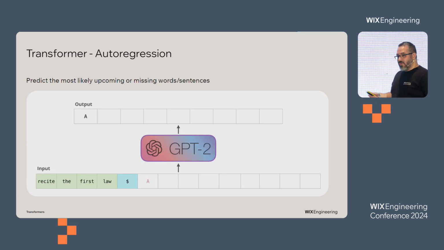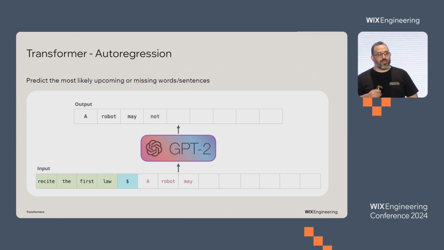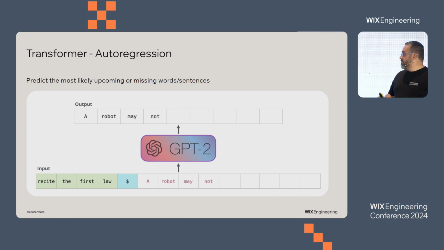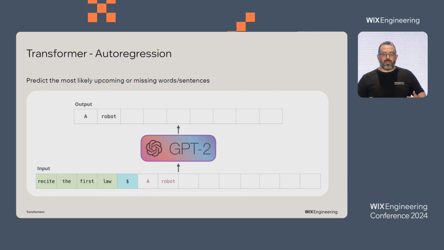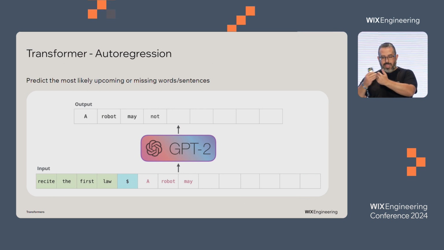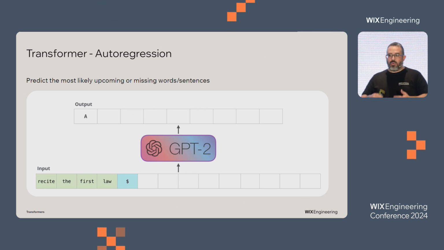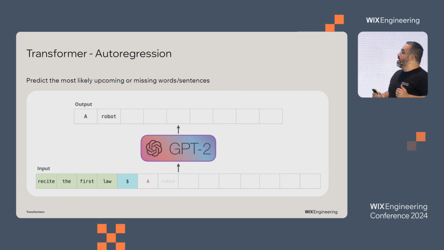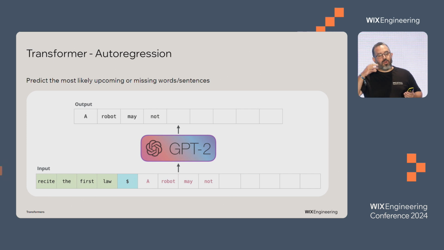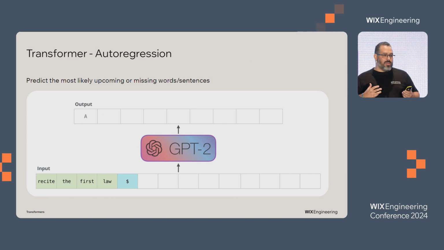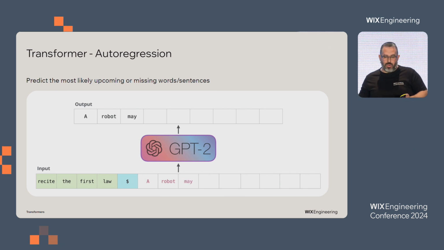An application that we're more familiar with is known as autoregression. Autoregression is the process of predicting consecutive words in a sequence. So we provide the model with an input sentence, and then we let the model predict consecutive words. This process is known as autoregression, in that it is learning or trying to choose the most likely upcoming word given an input sequence, based on the probability of choosing those particular words.